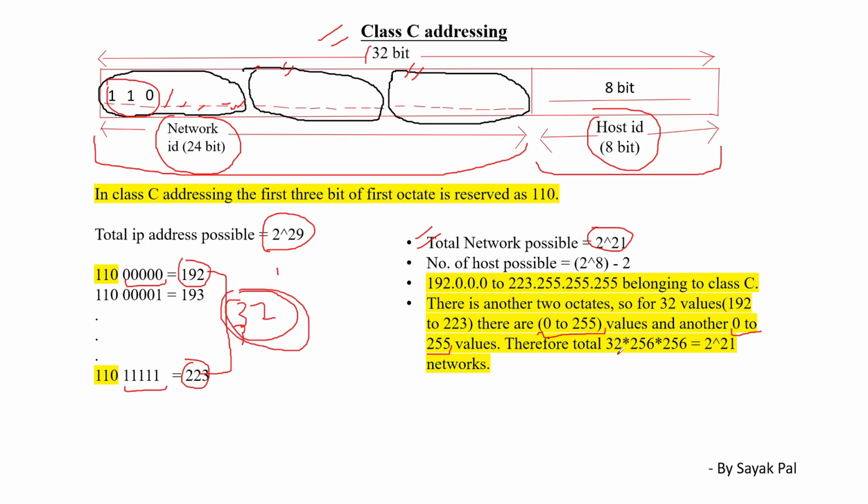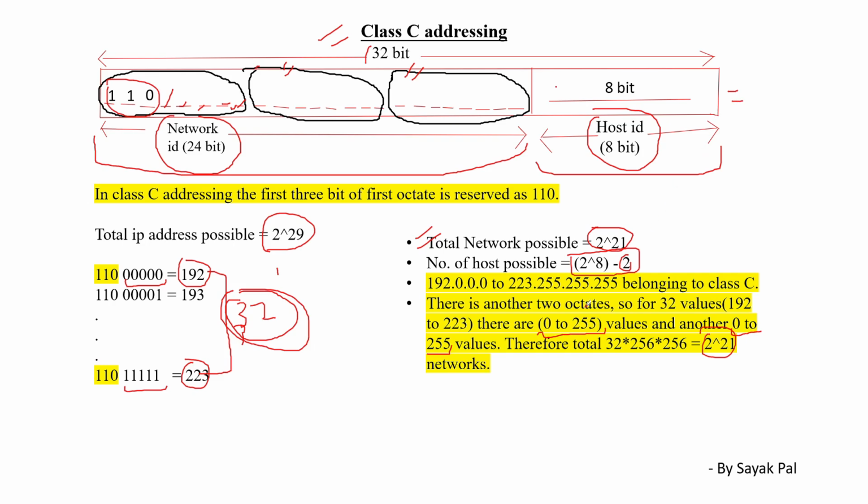It's nothing but 32 times 256 times 256, that is nothing but 2 to the power 21 networks possible in class C addressing. And the same concept goes here: 2 to the power 8 hosts are possible, and operational is minus 2, because I already discussed that the first and last are not used. That's why.